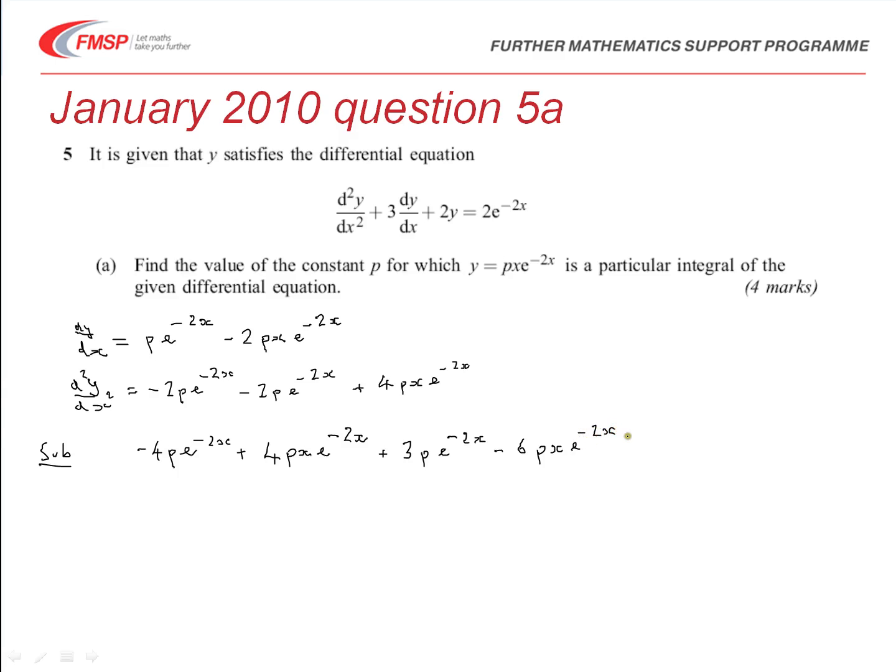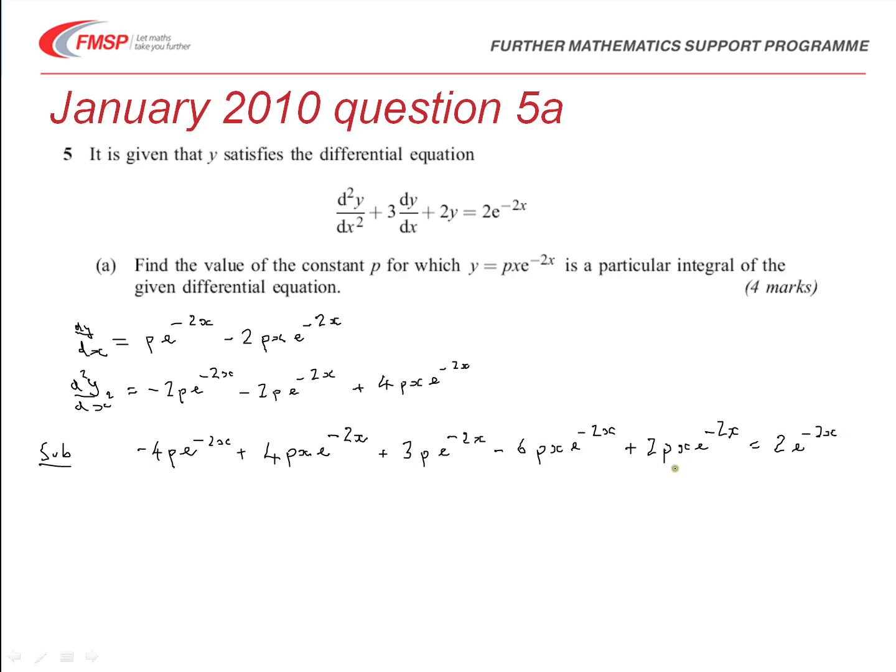Then we've got 2 lots of y. Well, 2 lots of y is twice px e to the minus 2x, and that has to equal 2 lots of e to the minus 2x.